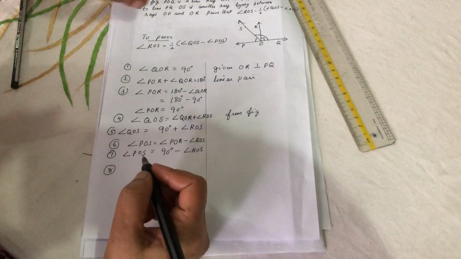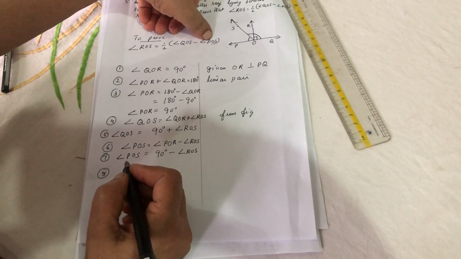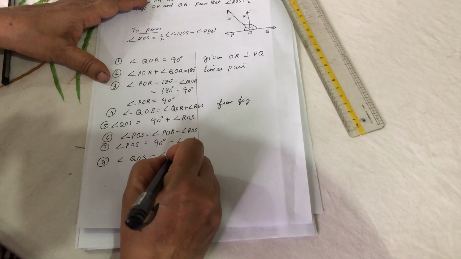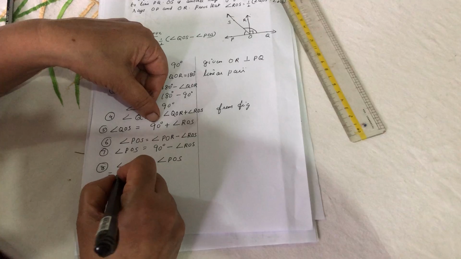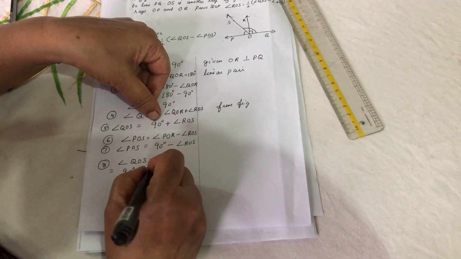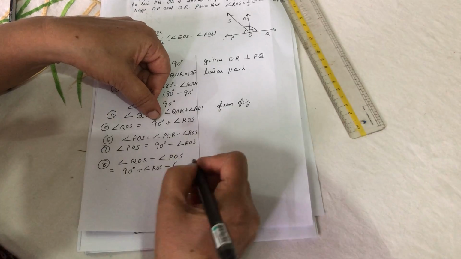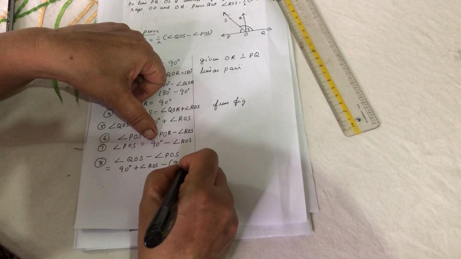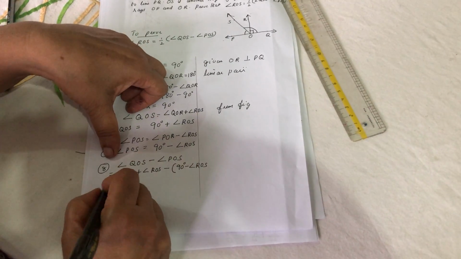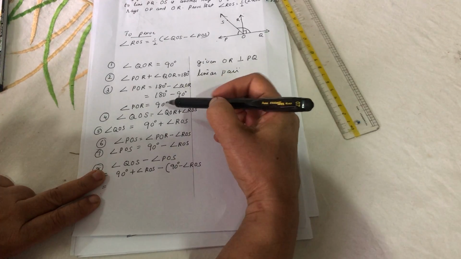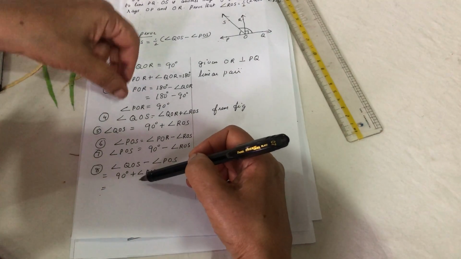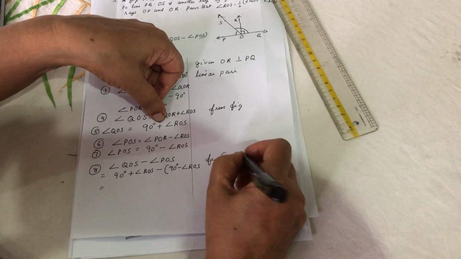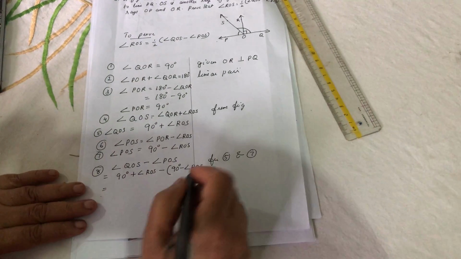Now eighth point, you require QOS minus POS. So angle QOS minus angle POS equal to, what is QOS? 90 degrees plus ROS minus POS, you have to put it in the bracket because minus is coming outside. So 90 degrees minus ROS, from 5 and 7.